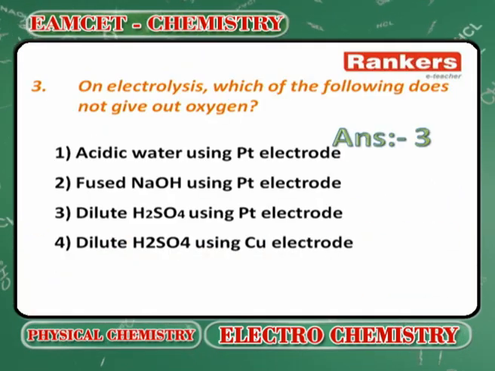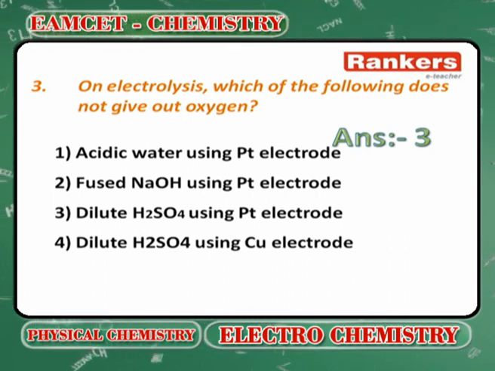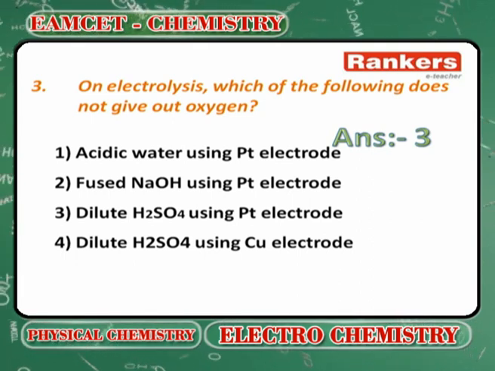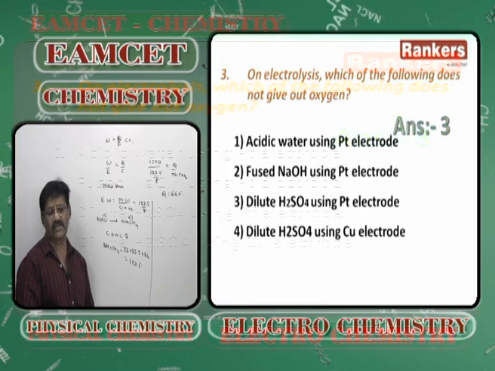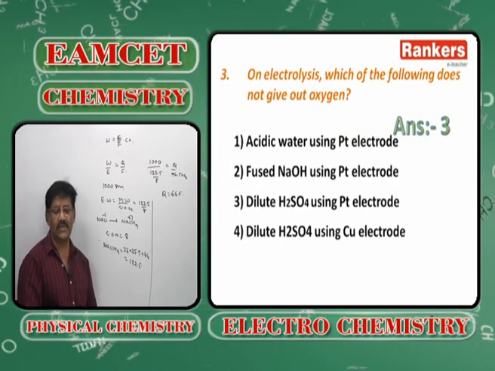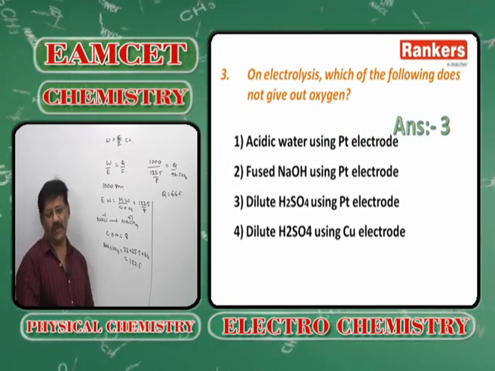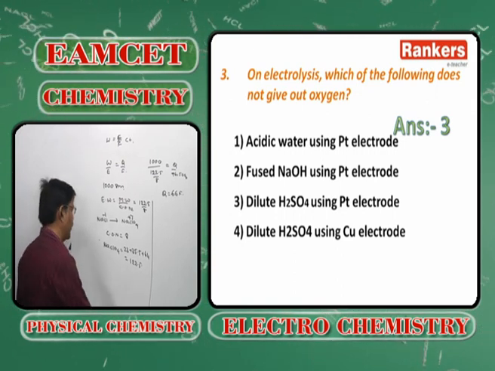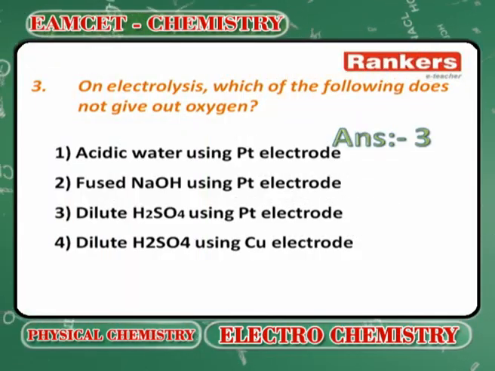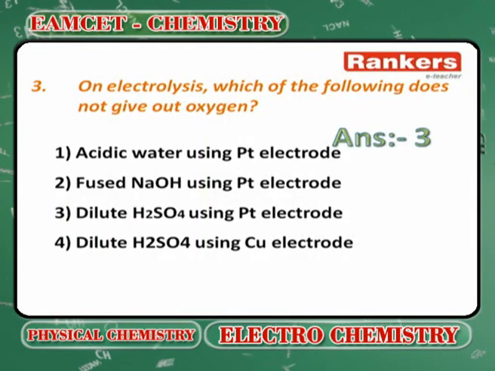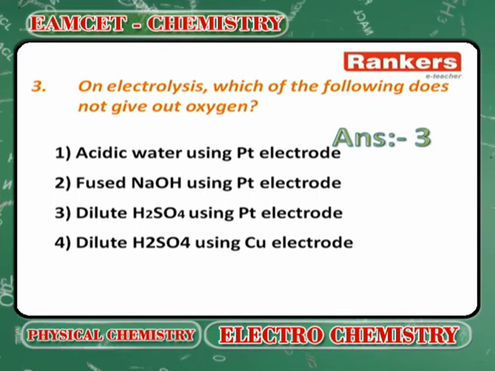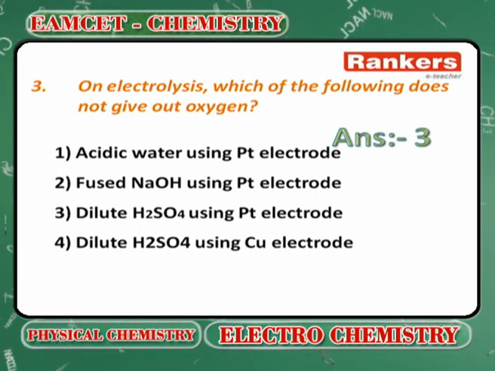This is dilute H2SO4. Option 4 is the answer here, because on electrolysis, which of the following does not give out oxygen? Option 4, because in option 4 we are using active electrodes. When active electrodes are employed, what will be the reaction at the anode?